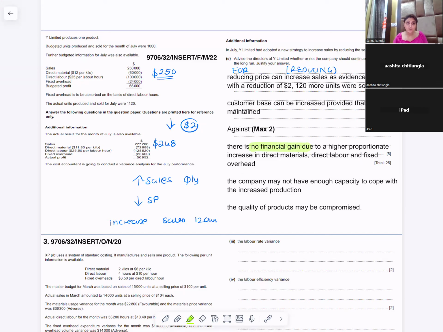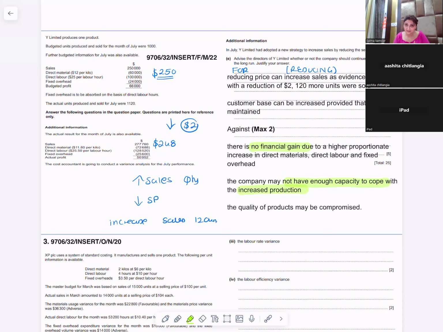Also, if I'm reducing the selling price, more units are sold. That means more units have to be produced, but you should have the capacity to produce. The company may not have enough capacity to cope with increased production.